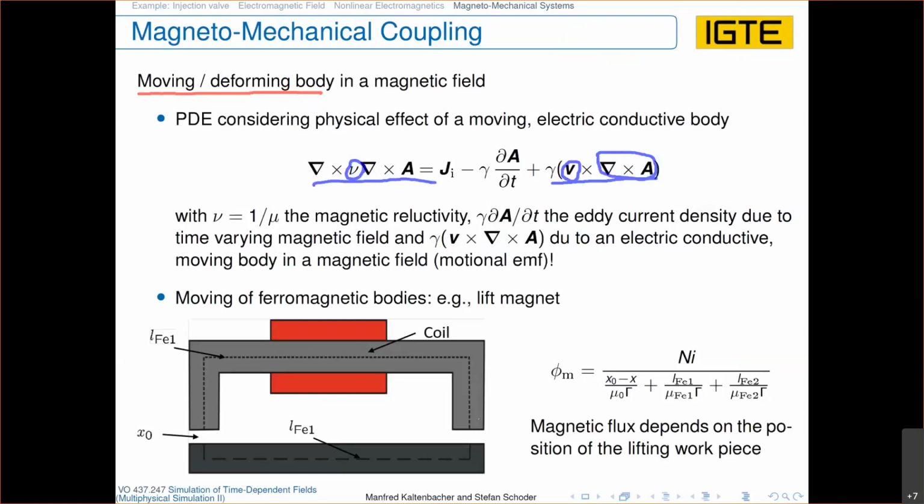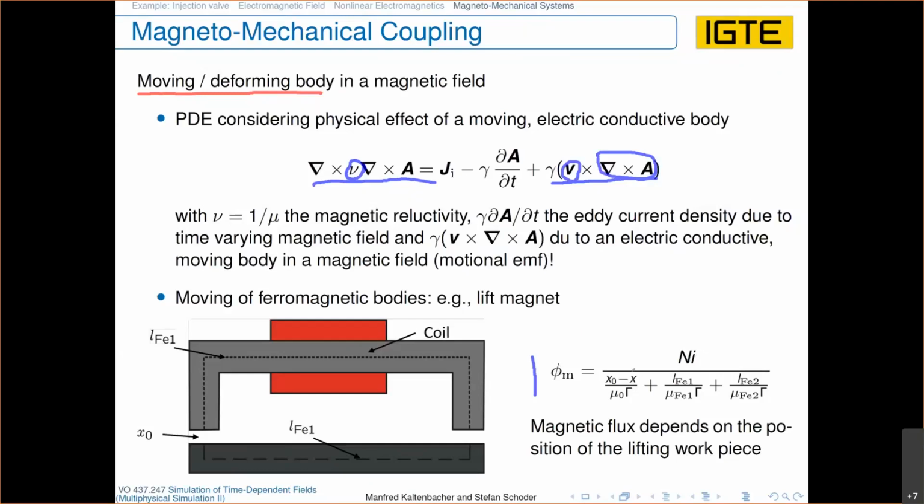Anyway, we know that when the air gap is decreasing and decreasing, we will have a change in the magnetic field within the core parts, the ferromagnetic core parts, but also concerning the stray field. And what I have written down here is, when you model this simply by magnetic resistances, you can compute the relation between the current in the coil with the number of turns and the magnetic flux phi m.